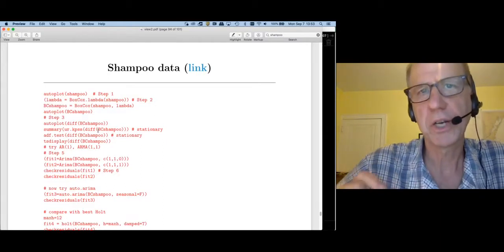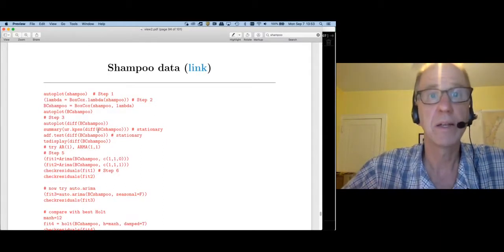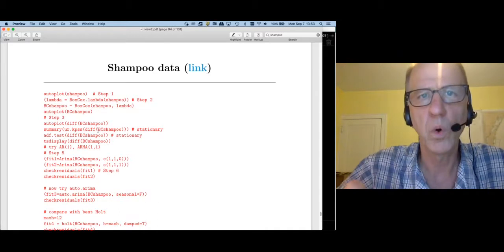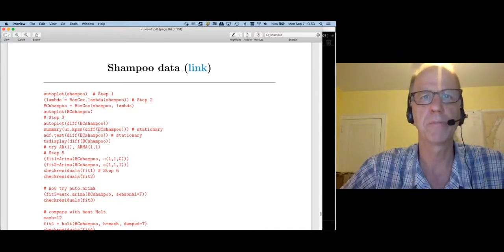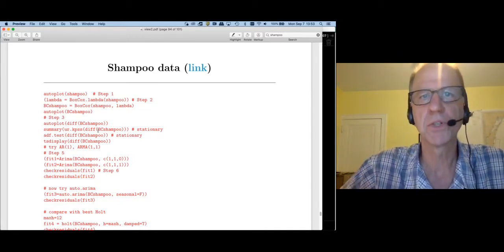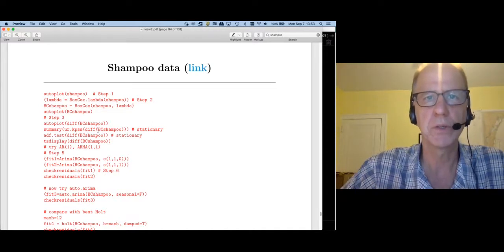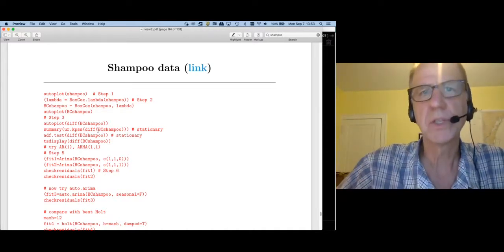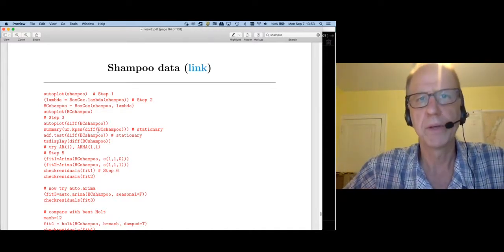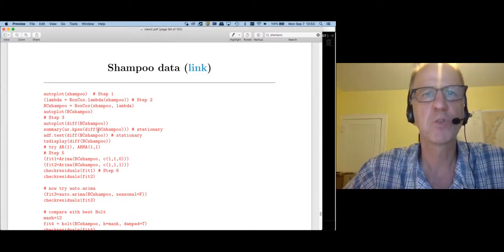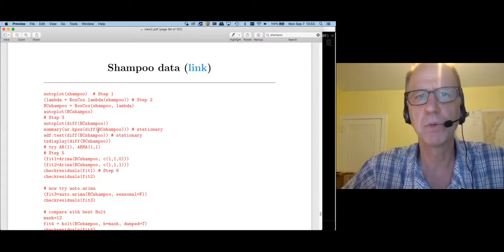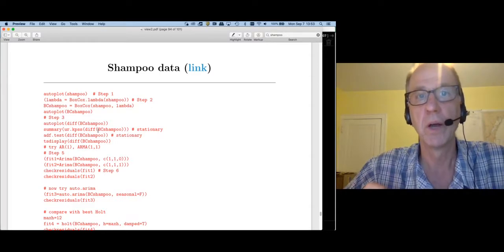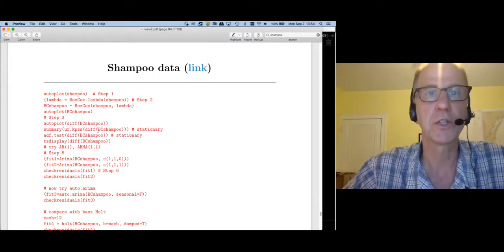Let's go back to the shampoo data set that we analyzed when we covered the Holt exponential smoothing method. We are given the sales for some shampoo brand over 3 years. The reason I used this data set with the Holt method is because there is not strong seasonality. So shampoo is just a category where we don't see a lot of variation across seasons.